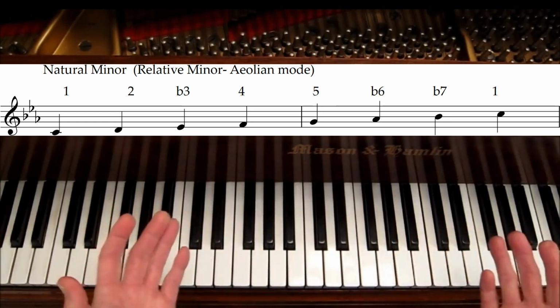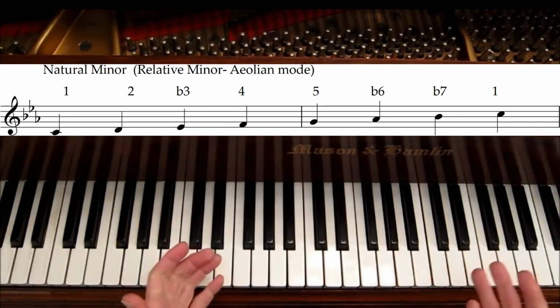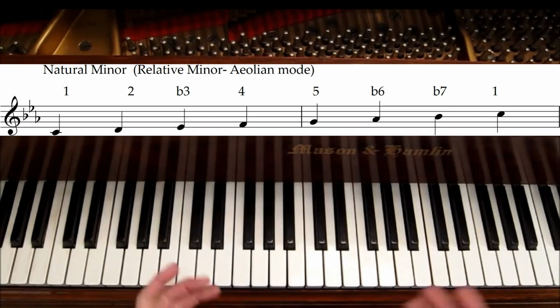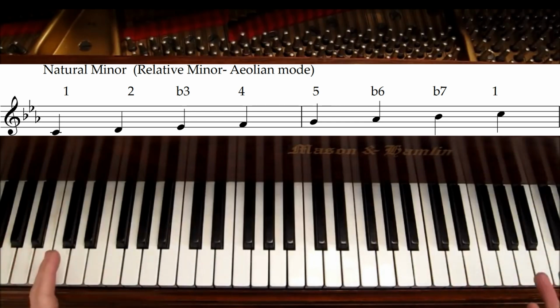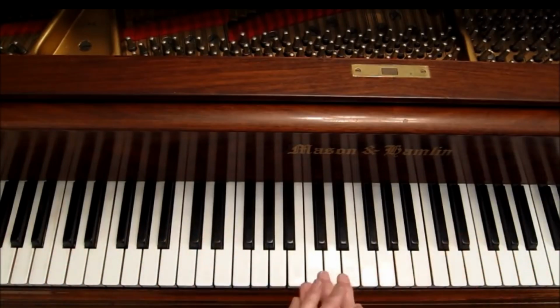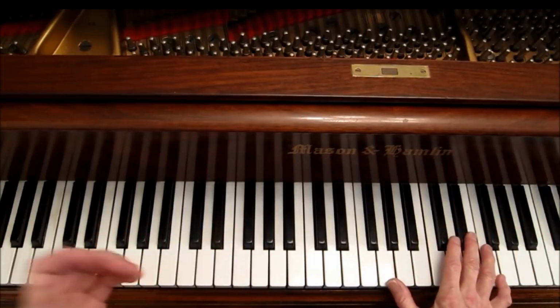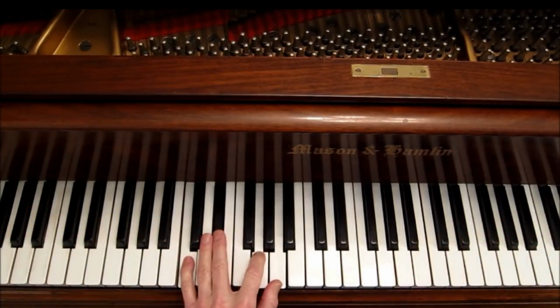Sometimes we have to add in additional notes that aren't in the scale, and that creates another scale that might be the harmonic minor or the melodic minor, or some other type of scale. So now I'm going to play something and try to combine things, including the blues scale, into a little version of Summertime here.